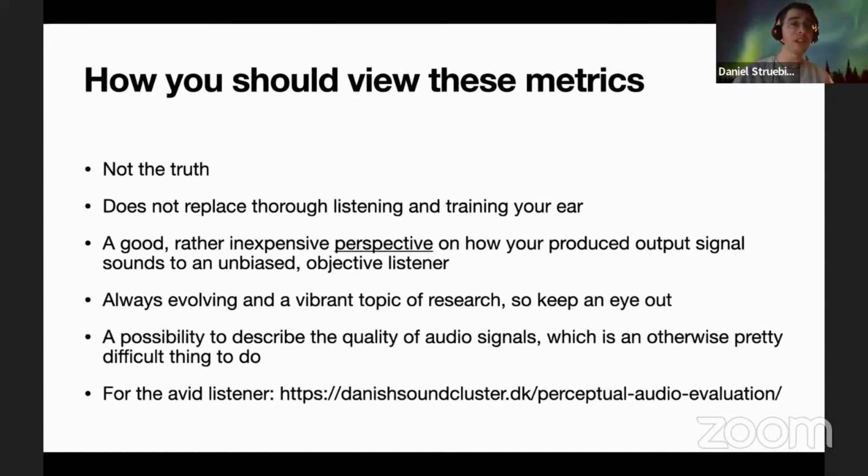But what I will say is that these evaluators are a good, rather inexpensive perspective on how an output signal of, let's say, a codec or some type of data compression sounds to an unbiased and objective listener.